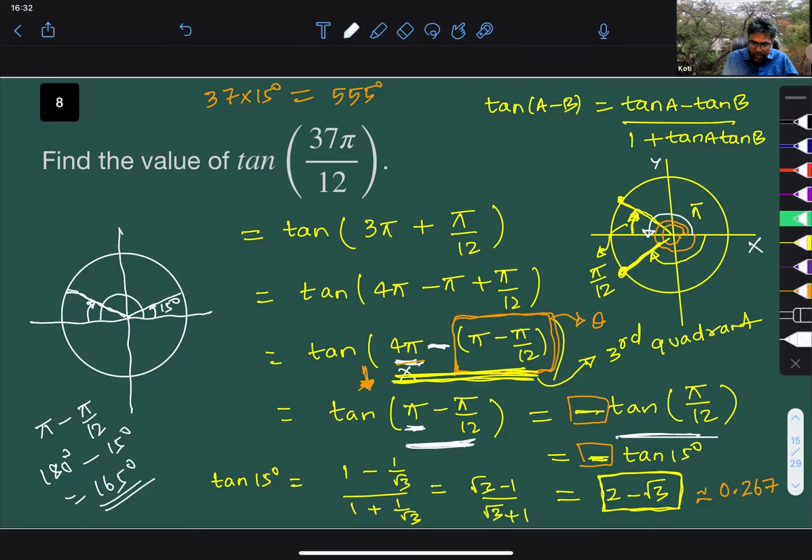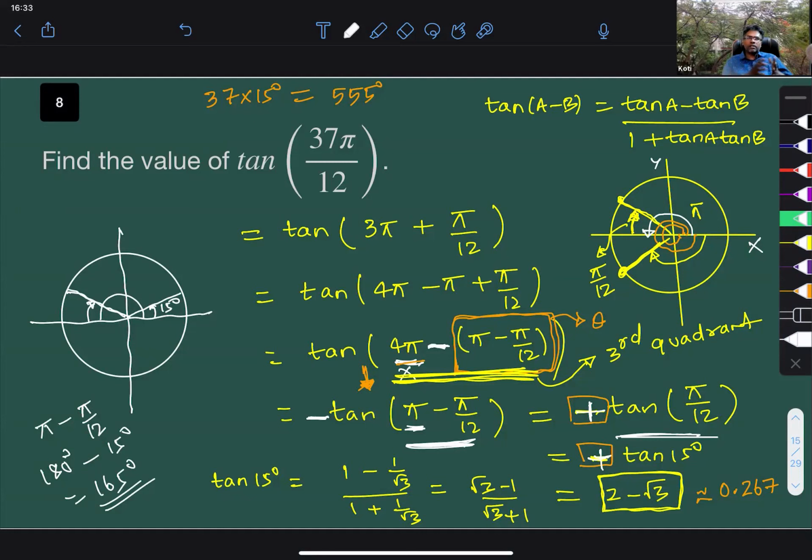That minus sign, maybe I can put it up front. When I do that, minus into minus will become plus. This will become plus, and then we are okay. Are you with me here? You guys understand?